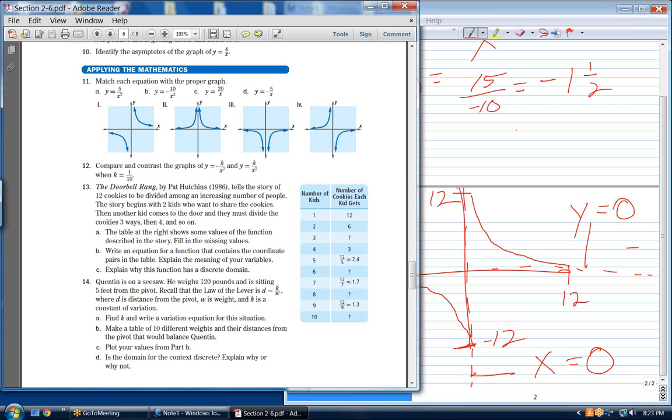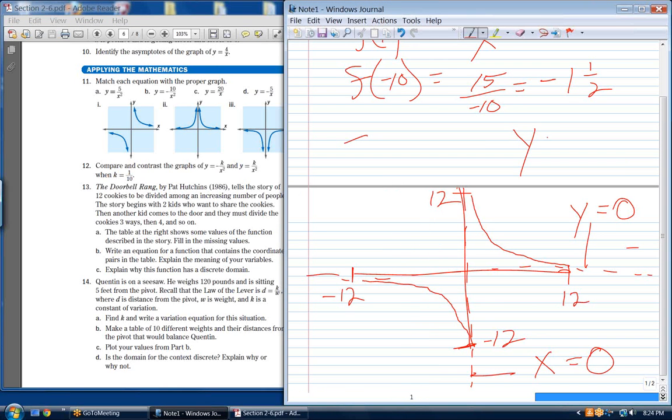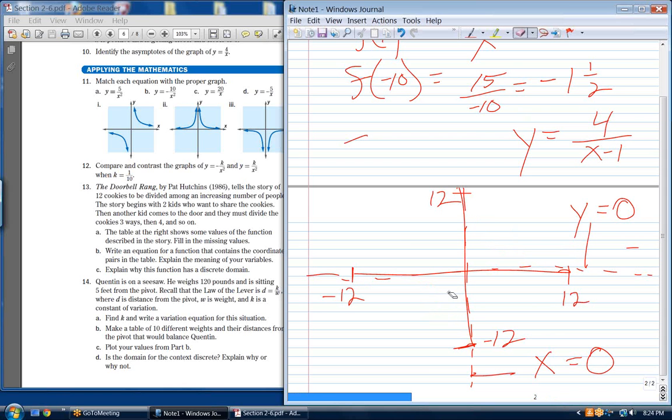The next one is just for if this was the equation instead of 4 over x, what's the vertical asymptote? It would be whatever makes this thing 0.